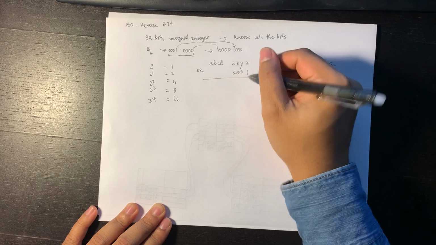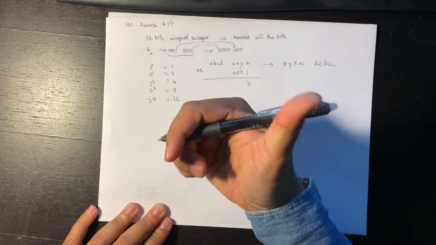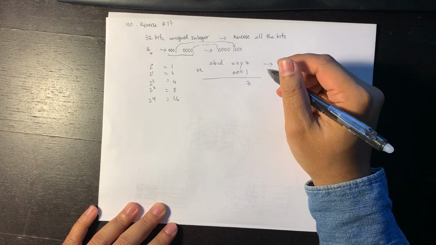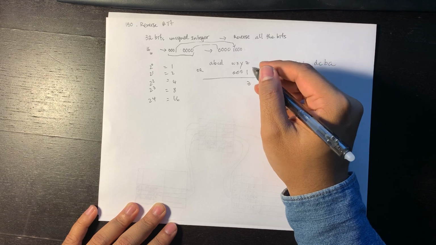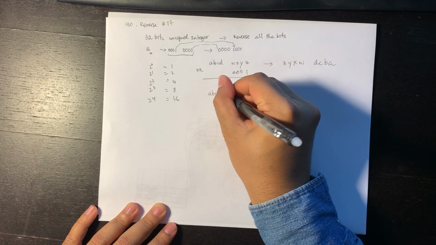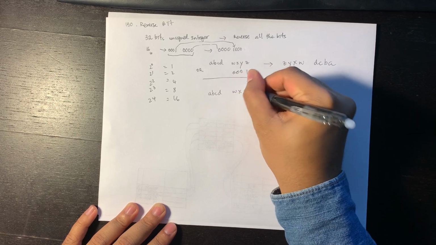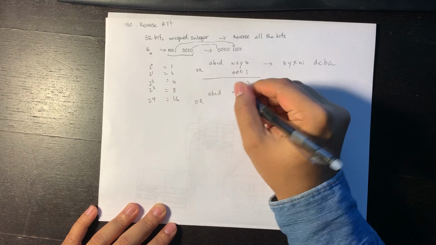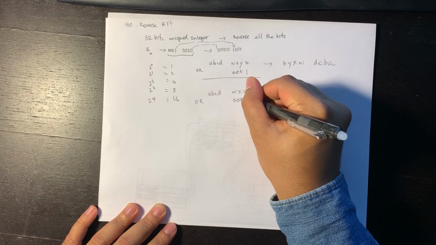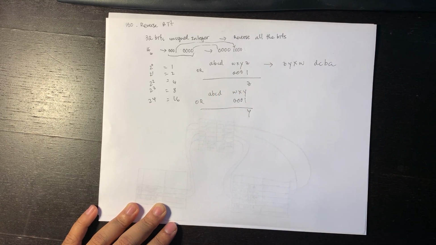If we OR it with 0 0 1, we will get Z. And then we shift the integer to the right, and we will get A, B, C, D, W, X, Y. Then we can OR it with 1 and we'll get Y.